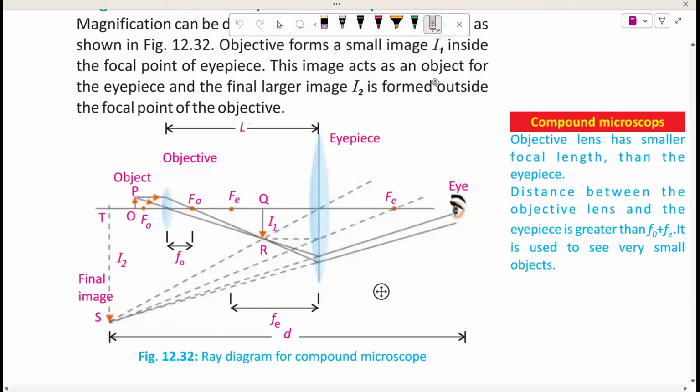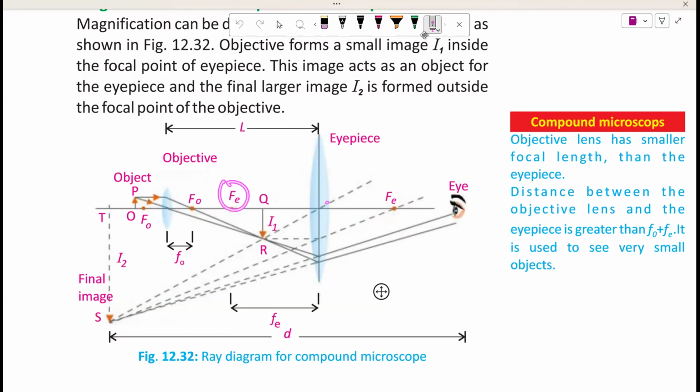Here it's outside the focus but close to the focal length, so we know the image formed would be passing through the focus and center. This is the image formed by the objective lens. Now this image formed by the objective lens would act as an object for the eyepiece lens. Here we could see the object is placed inside the focal length of the eyepiece lens.